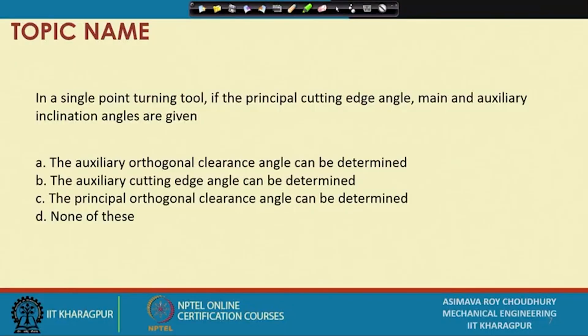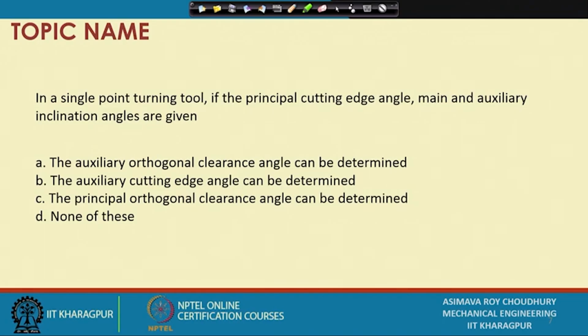So, in a single point turning tool, if the principal cutting edge, main and auxiliary inclination angles are given, the auxiliary orthogonal clearance can be determined, the auxiliary cutting edge angle can be determined, the principal orthogonal clearance can be determined, none of these.